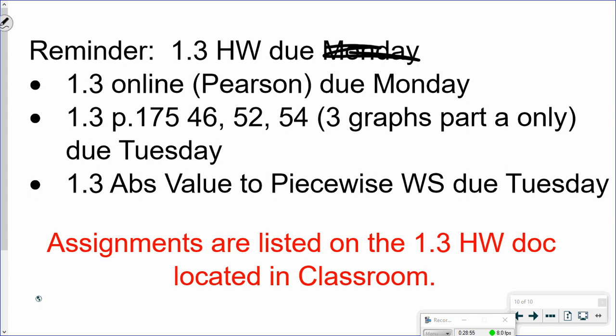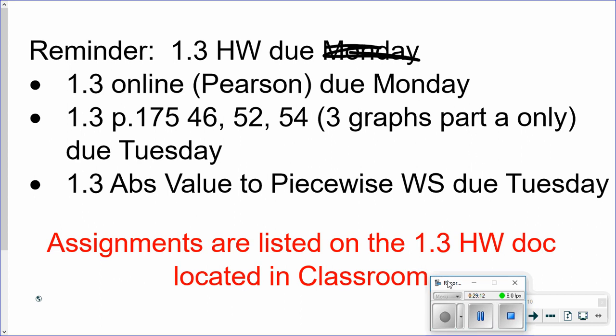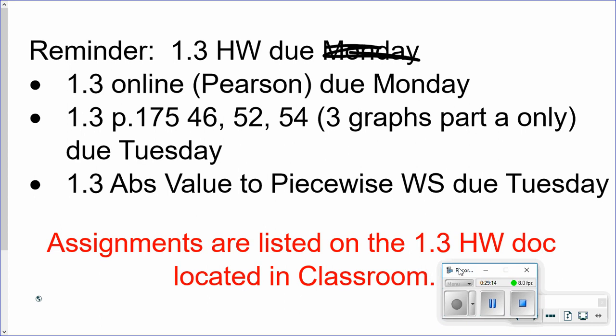And then the 1.3 absolute value to piecewise worksheet is due Tuesday, and that's in the Schoology folder, the worksheets handouts in Chapter 1 Schoology folder. Please email me if you have any questions. You will have a work day on this tomorrow.